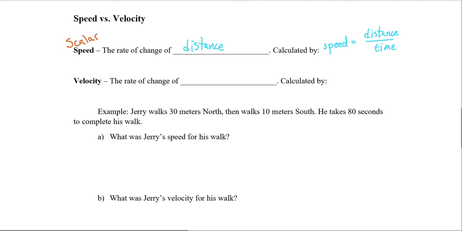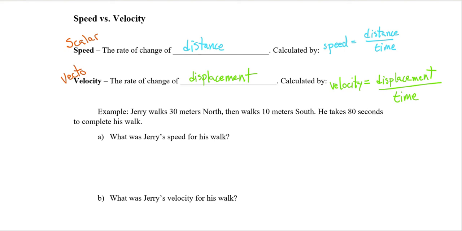So if you describe something in terms of how fast it's going, but you don't tell me where it's going, you're telling me its speed. Velocity is described as the rate of change of displacement. And the way that you can calculate your velocity is that you can take your quantity of displacement and divide that by the amount of time that it's taking. And since velocity relies on displacement, which is a vector, velocity is our vector.